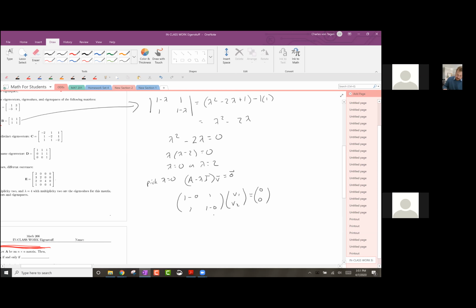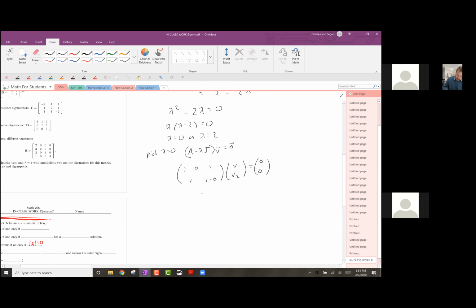And so we're just going to solve this system of equations here: 1, 1 augmented with 0, 1, 1 augmented with 0. When we row reduce this, we get 1, 1, 0, 0, 0, 0. And so we find that v2 is free and that v1 is equal to negative v2.